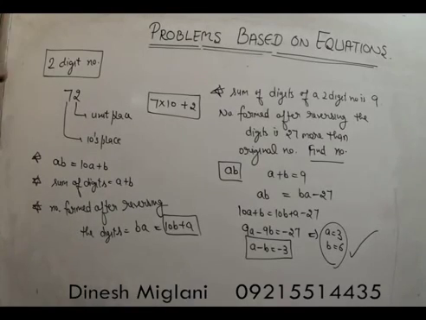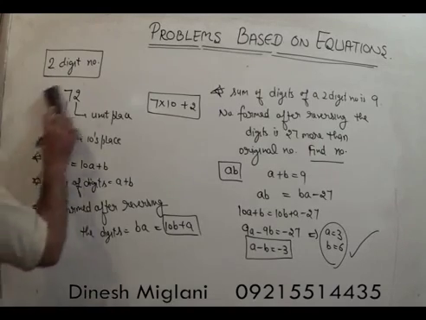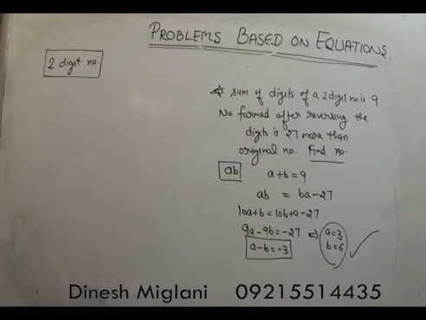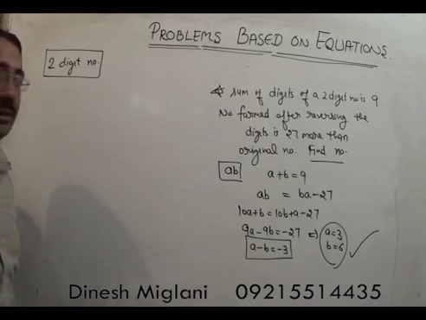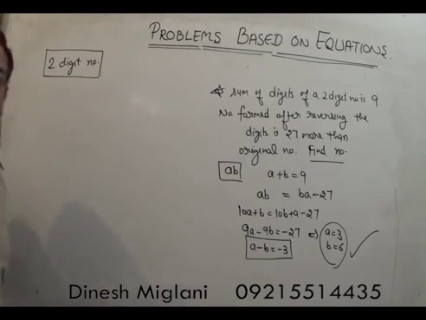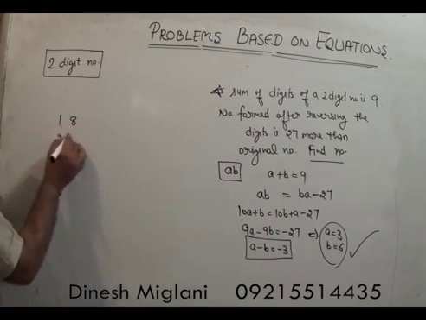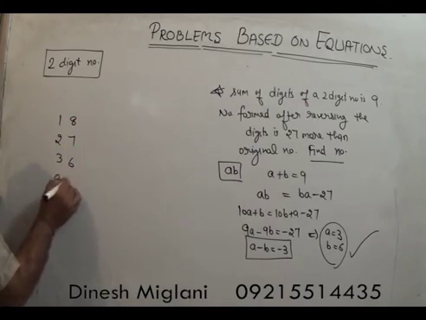In general, for questions based on numbers, most of the time we take the help of the options. In this question also, we can have one more approach. It is given that the sum of the digits of the two-digit number is 9, so the cases may be 18, 27, 36 or 45.